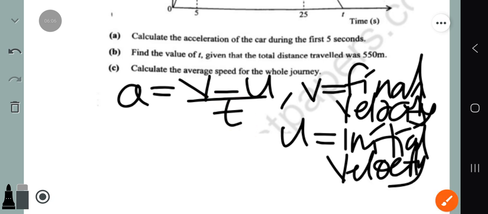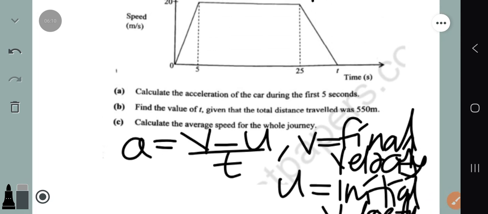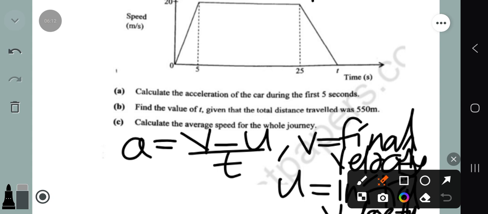The time you are already given in the question. So the time is 5 seconds from here to there. So you need to find the time difference between 0 and 5. What is the time difference there? 5 minus 0. So the time is 5.